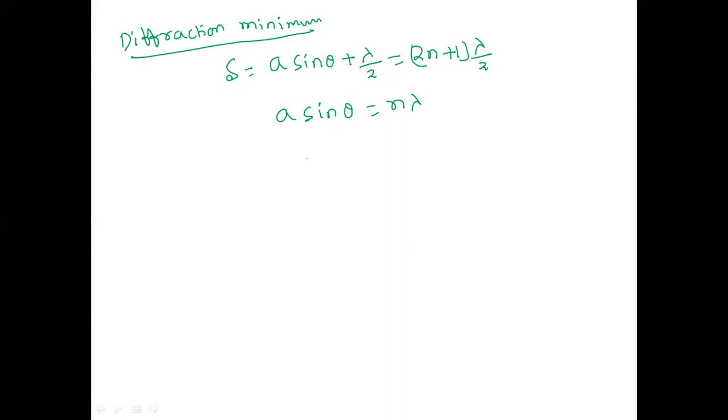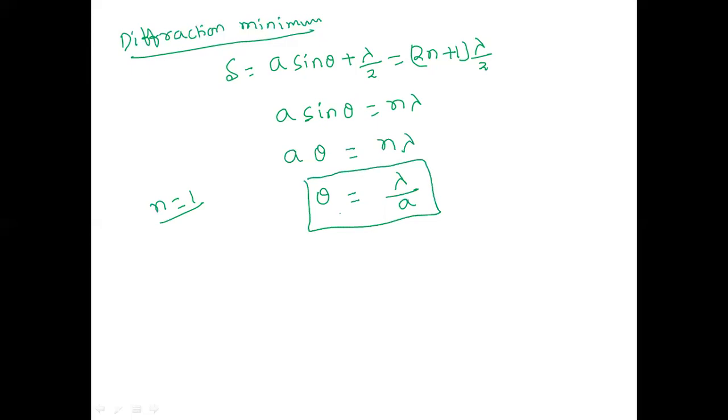So we can write it as a into theta is equal to n lambda. So theta equals, first they ask for the first minimum, n equal to 1, that is lambda by a.